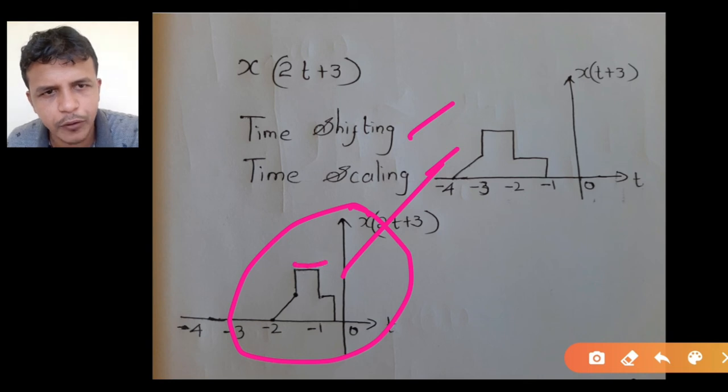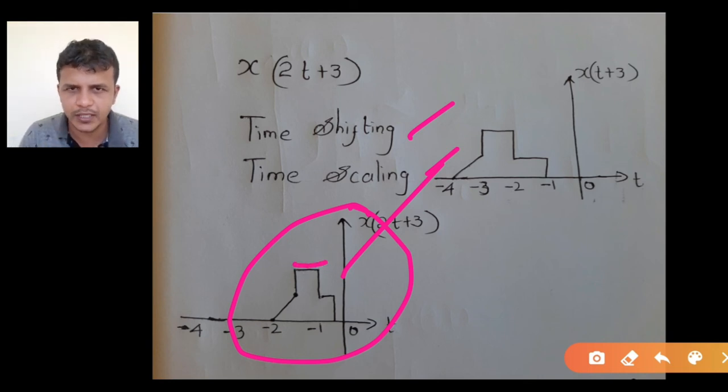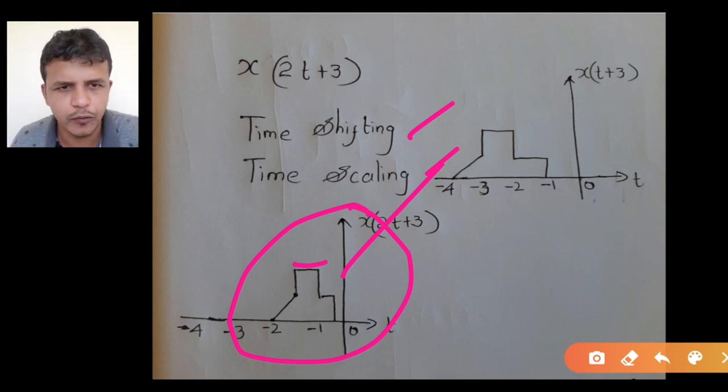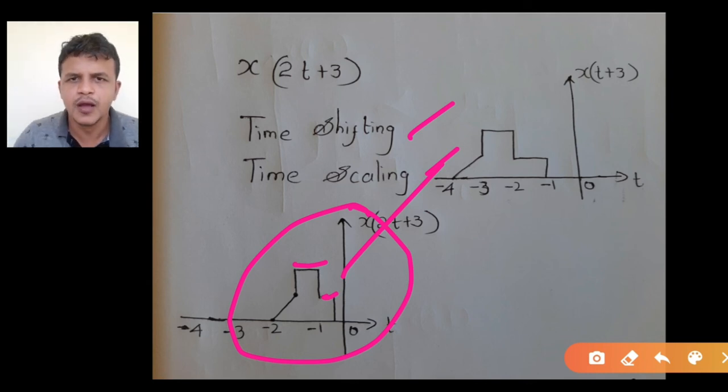There is an amplitude of 2 units from -1.5 to -1, so after time reversal we will have an amplitude of 2 units from +1.5 to +1. Then from -1 to -0.5 we have an amplitude of 1 unit, so after time reversal we will have an amplitude of 1 unit from +1 to +0.5.